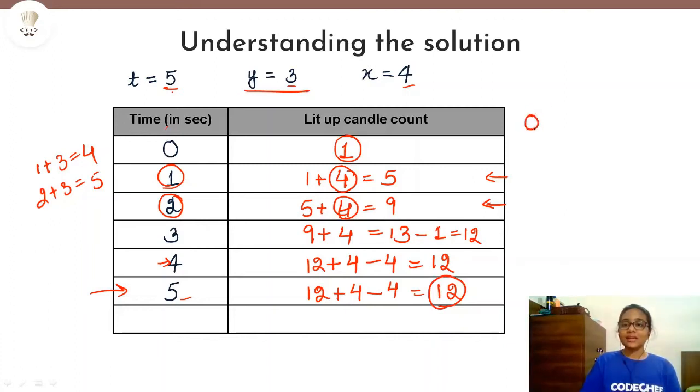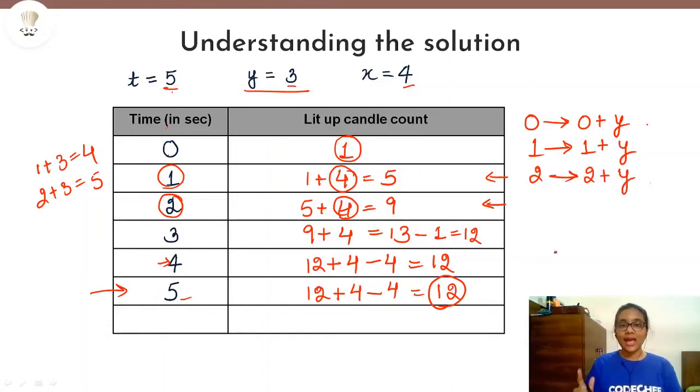That for all those candles that were lit up at the 0th second, they will get extinguished after 0 plus y seconds. For the first second, they will get extinguished after 1 plus y seconds. For the second second, all those candles that were lit up in the 2nd second will be extinguished after 2 plus y seconds. So this will always be true. And how many candles will get extinguished?